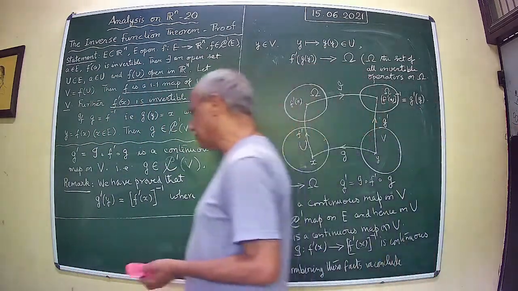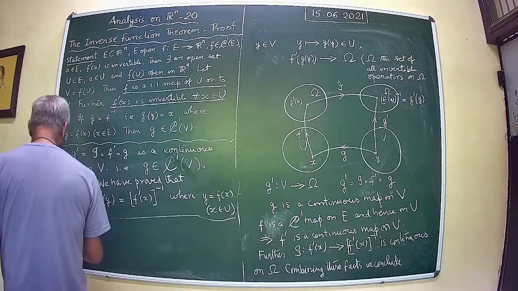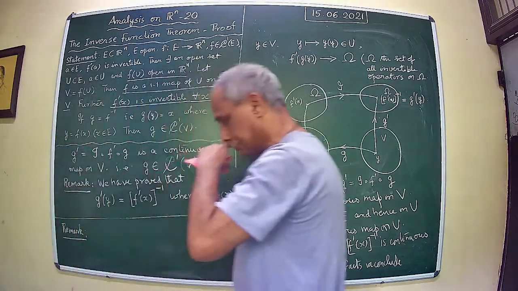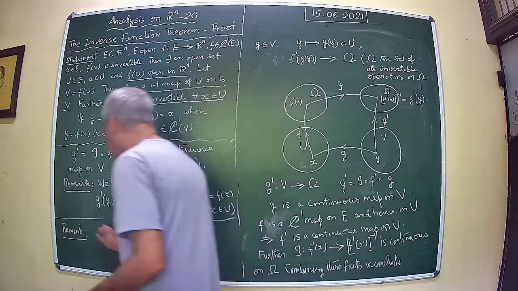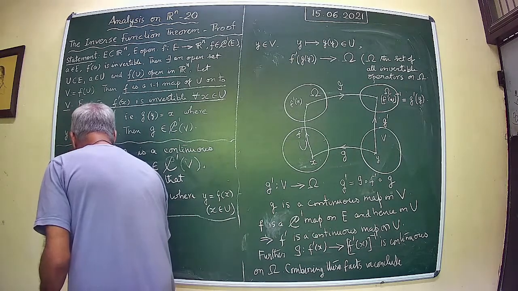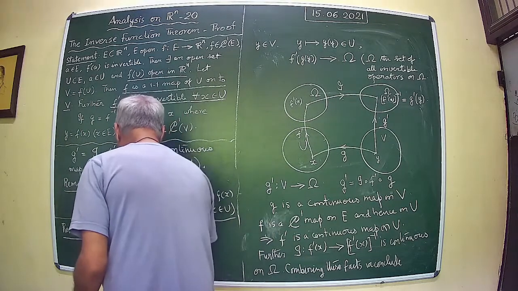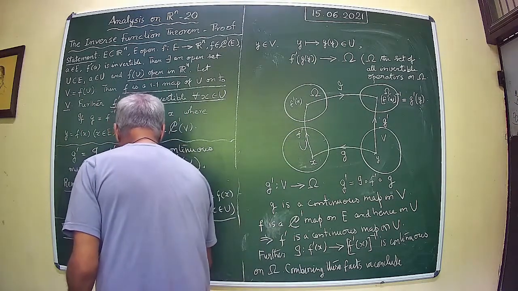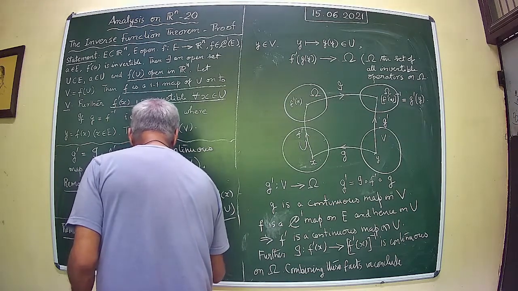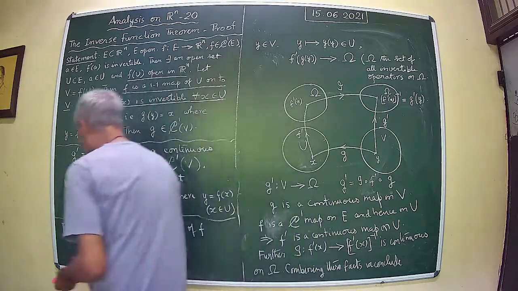Now we want to make another remark. We have used the C1 property of F in the final step.